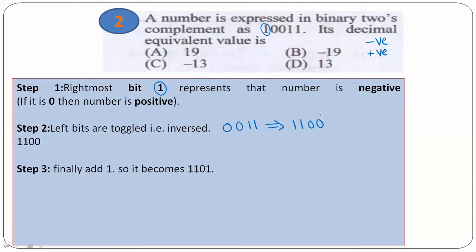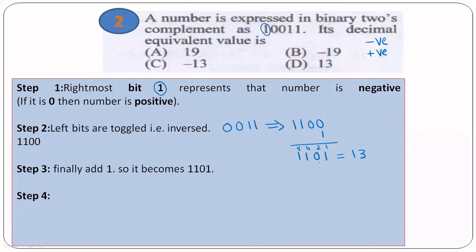Now we add 1 to this number so that the result becomes 1, 1, 0, 1. So what is this 1, 1, 0, 1? If I write 8, 4, 2, 1, then the value is 8 plus 4, 12, 12 plus 1 is 13.